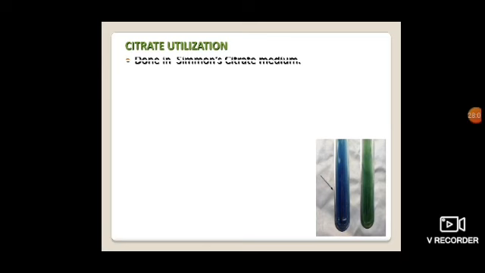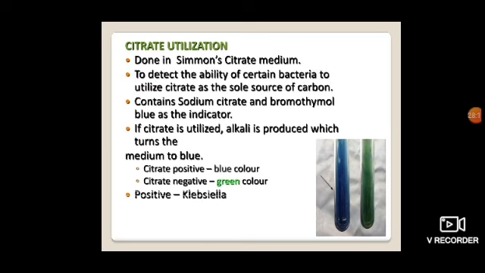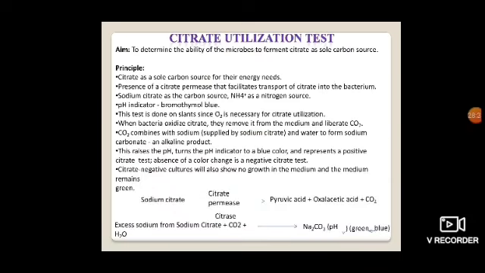Here again, in the citrate method we can easily observe the conversion of green color to blue color. The presence of Klebsiella shows a positive result, and if the test tube shows only green, the same turbid solution, it means a negative test, as with E. coli. So this is regarding the citrate utilization test.